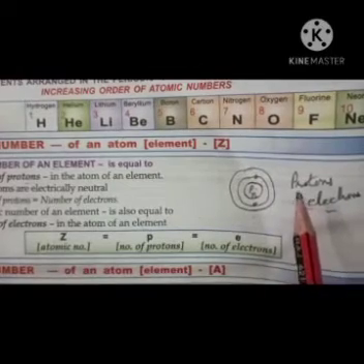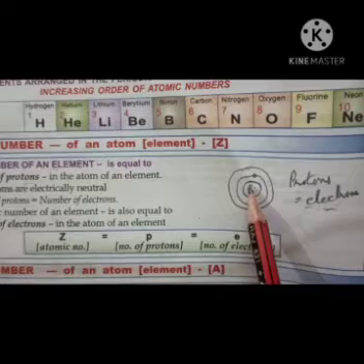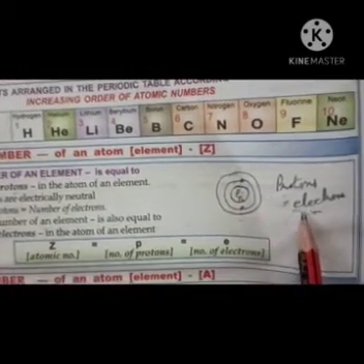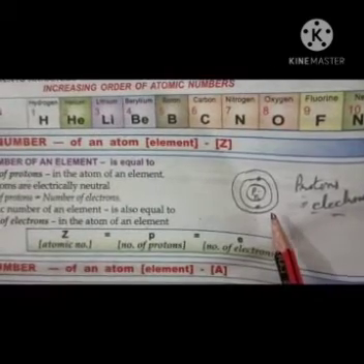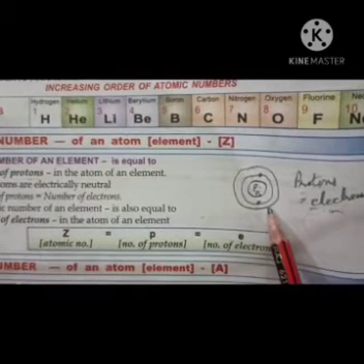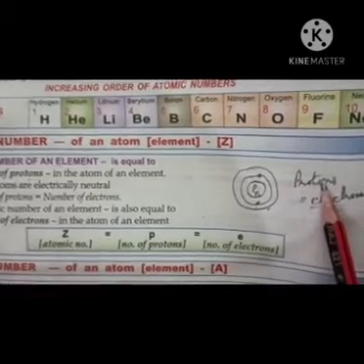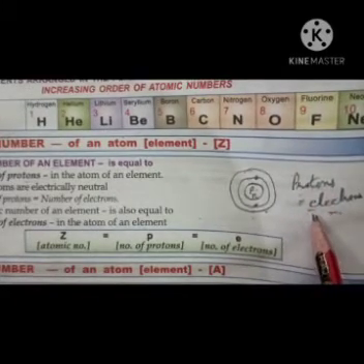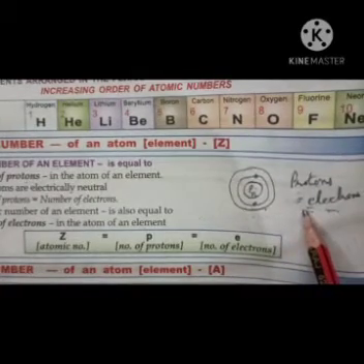You know that the number of protons present in the nucleus of an atom is always equal to the number of electrons, because an atom is a neutral particle, right? It means if it contains positive charge, it also contains the same amount of negative charge.